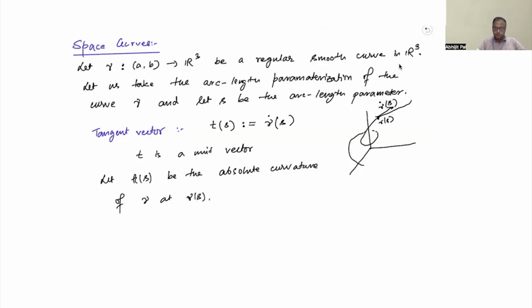So what is this k(s)? k(s) is equal to the norm of gamma double dot s.